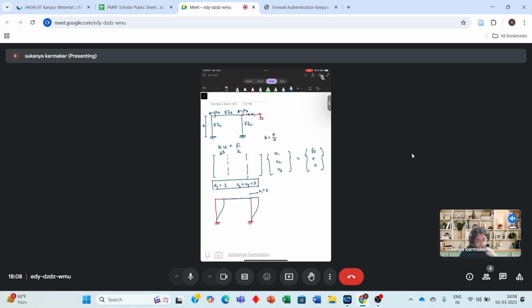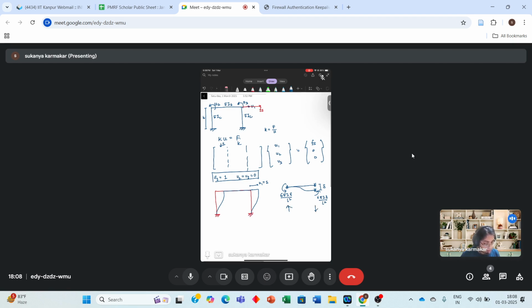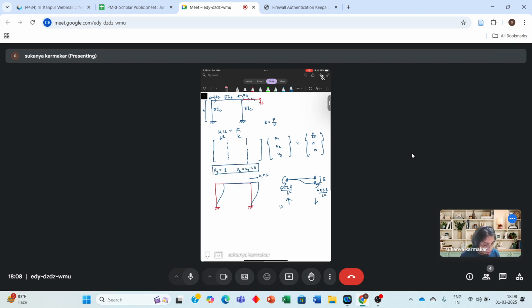Here you can simply use the fixed beam result. When you allow a deformation of delta in a fixed beam, there are moments of 6 EI delta by L square, and the moment is in this direction. You will have a shear force of 12 EI delta by L cube.